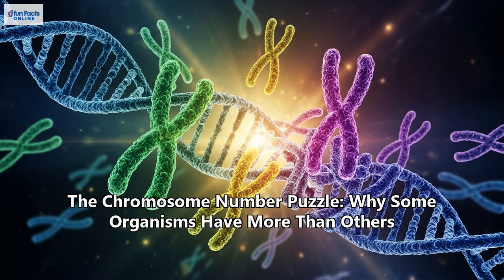Ultimately, the number of chromosomes matters far less than the information they carry and the complex rules that govern how that information is used. The fact that a fern can thrive with over 1,000 chromosomes while an ant thrives with one is a powerful testament to the incredible flexibility of life's coding system. It shows us that in evolution, there is no single best way to build an organism, only a magnificent diversity of strategies that have stood the test of time.